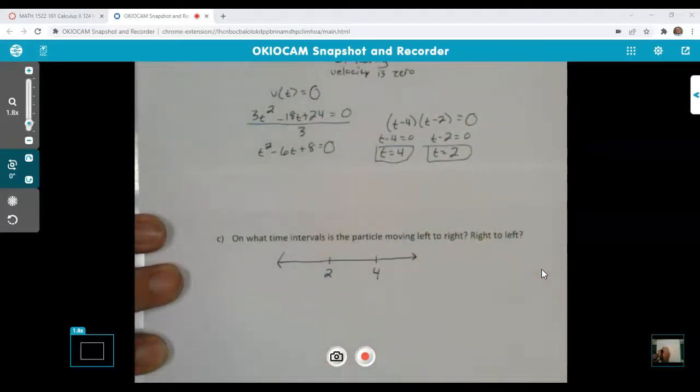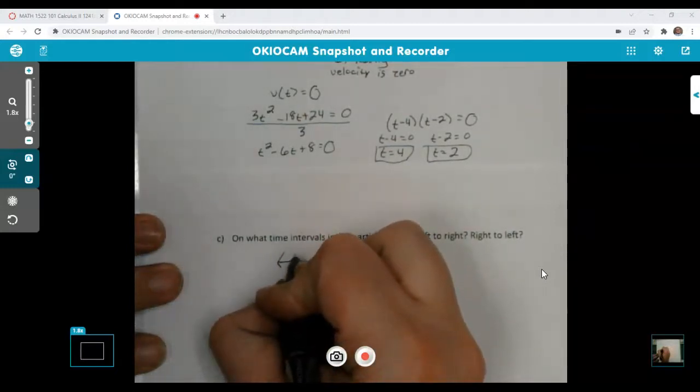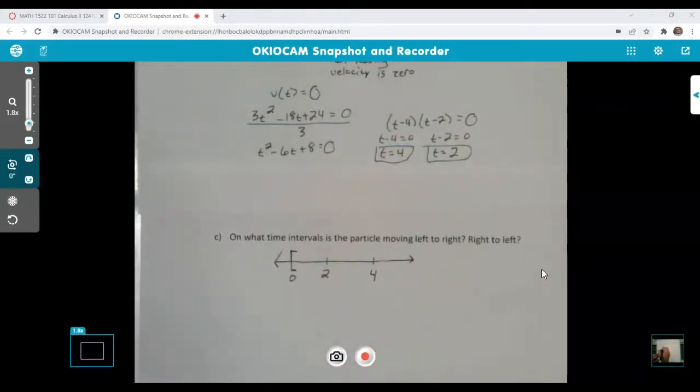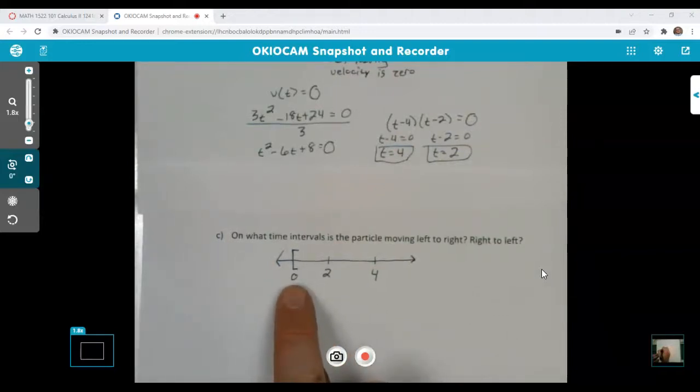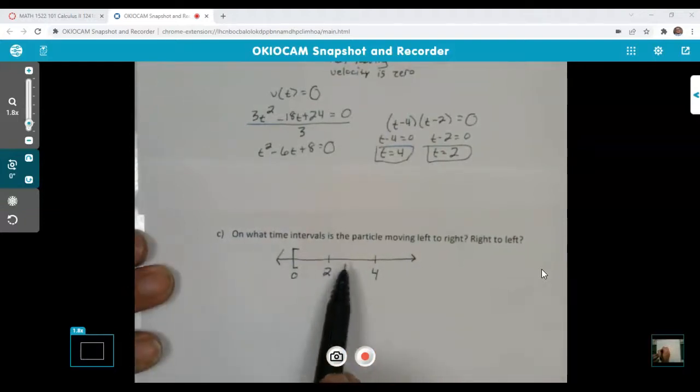And I also know my time is always going to start at 0, because it doesn't make sense unless time is positive. So this is where I start, and it's staying still at 2 and at 4. So what I want to know is what's happening between all of these.